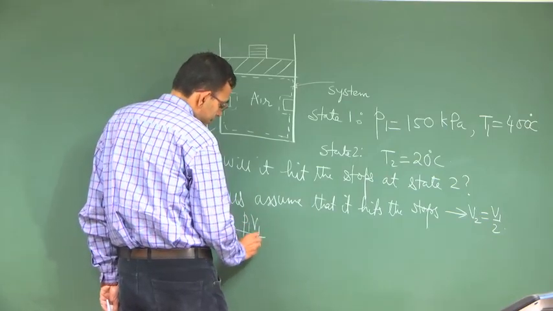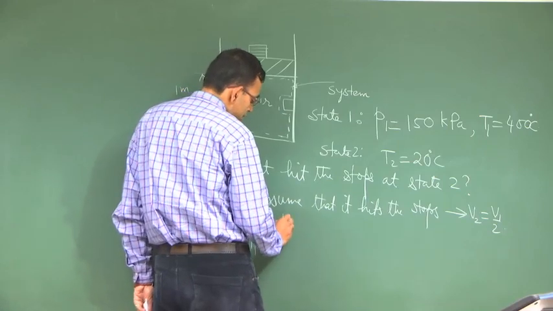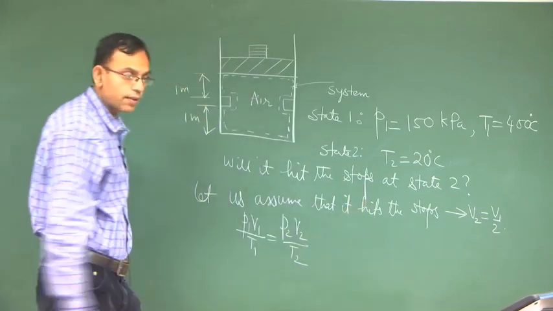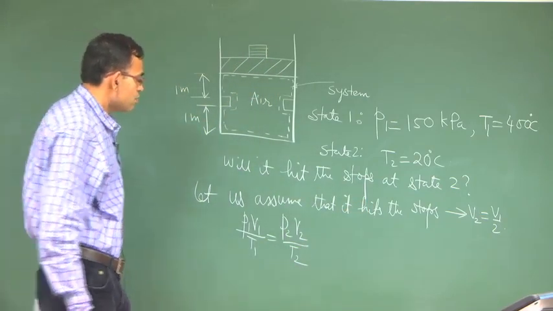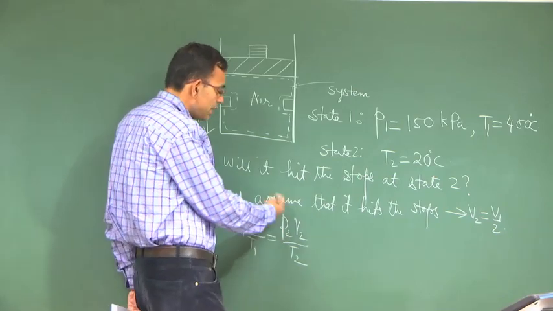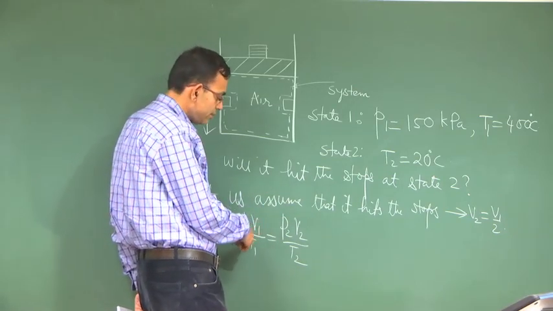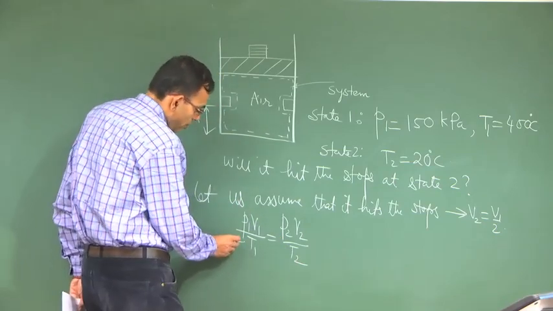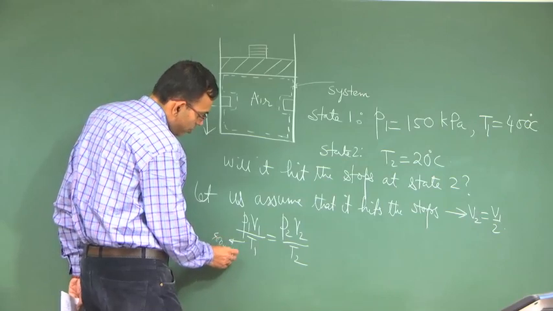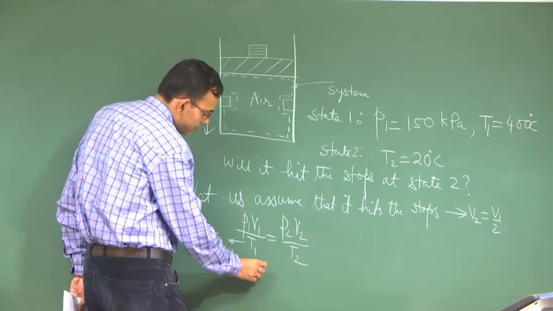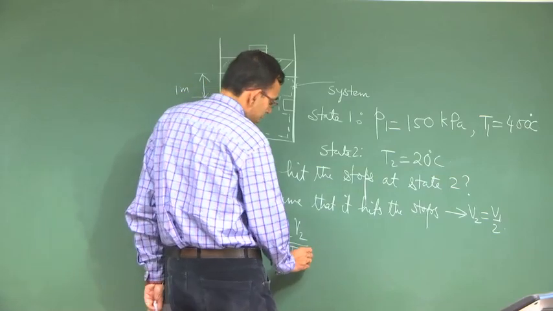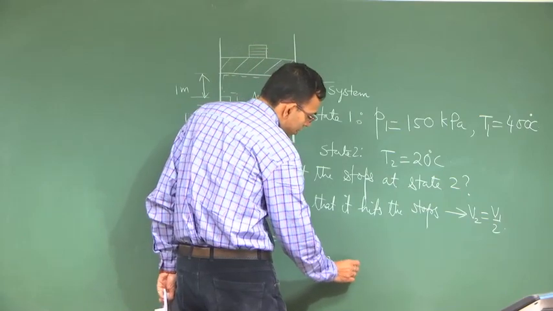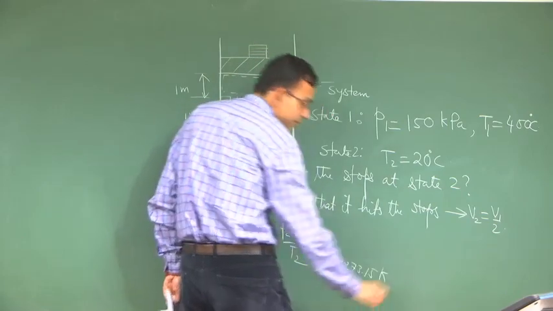Okay. So, then you can write for ideal gas, remember that when you are using this ideal gas equation, this T1 and T2 are absolute temperature. So, this is 400 plus 273.15 Kelvin and this is 20 plus 273.15 Kelvin.